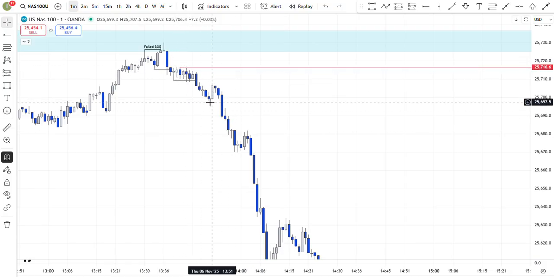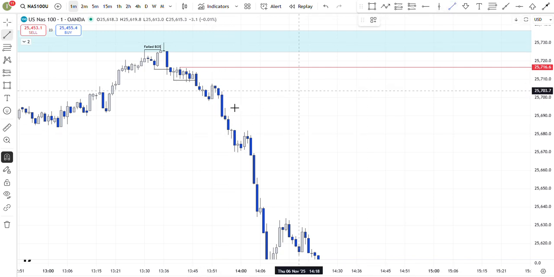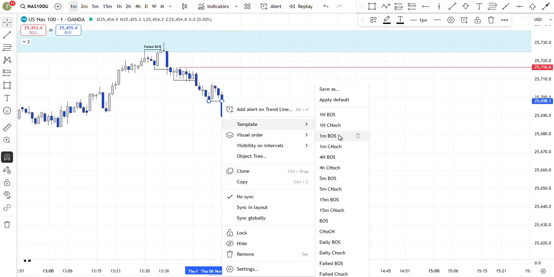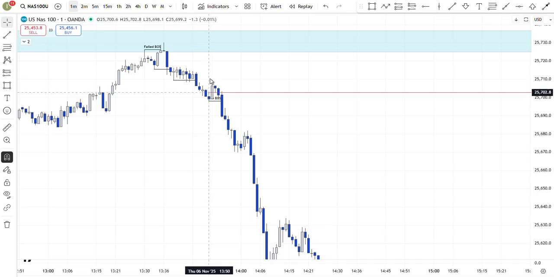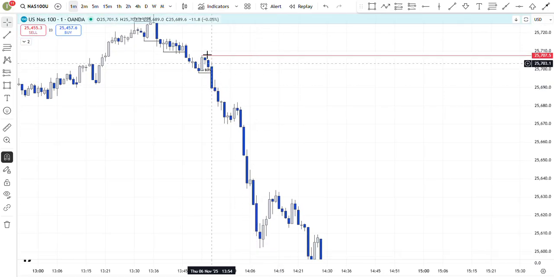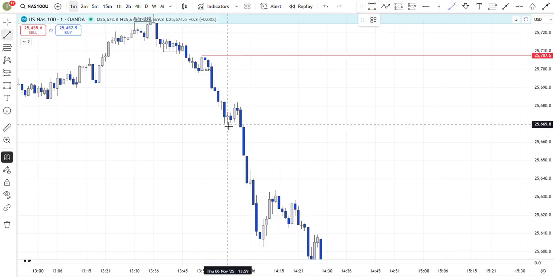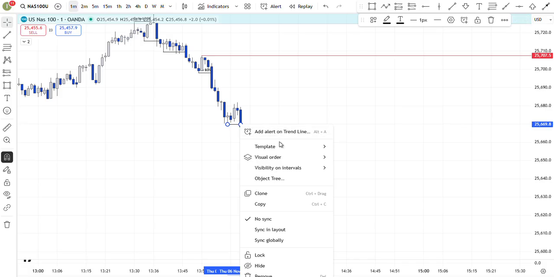So price came down, made a low, failed to make a higher high, and then broke that for another break of structure on the 1 minute. So you can see we have a 1 minute break of structure. I moved my stop down to the high that created that break of structure. We pulled down, failed to make a higher high, and you can see there's a break of structure with a candle close right there.